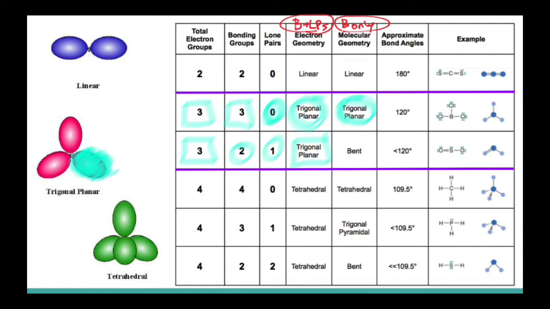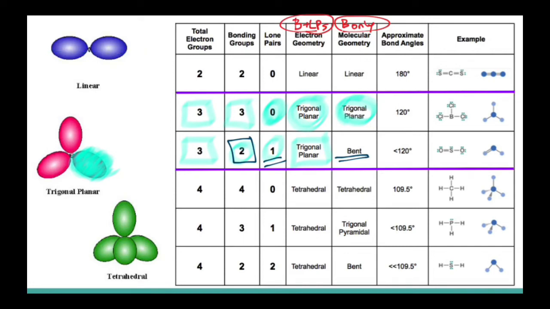But then, if I'm talking about my molecular geometry, then I'm only seeing my 2 bonded atoms. And I should be thinking, 2 balloons, 2 electron groups are going to try and be a nice straight line. And it should be linear. But just like what we saw with the tetrahedral geometry, as soon as I have a lone pair, even if it's just 1 lone pair on those 2 bonded groups, then my line can't be nice and straight, linear.